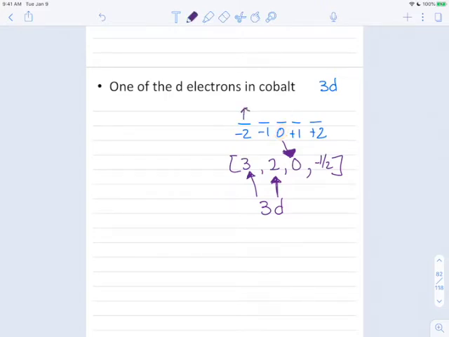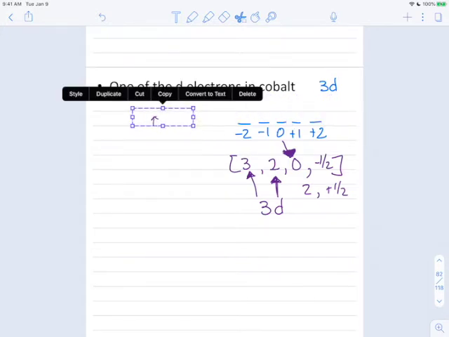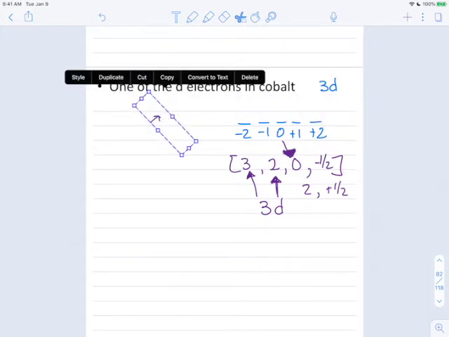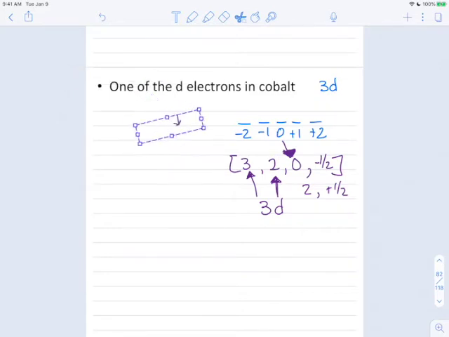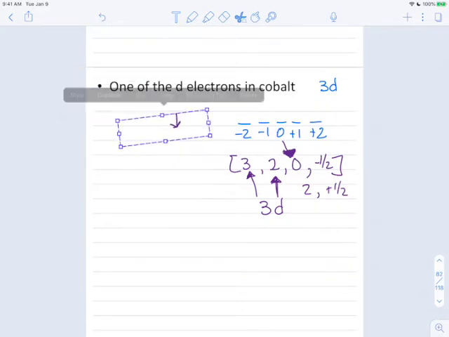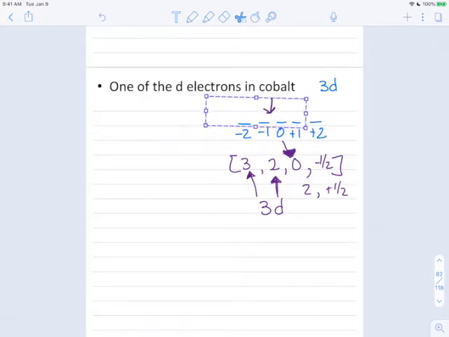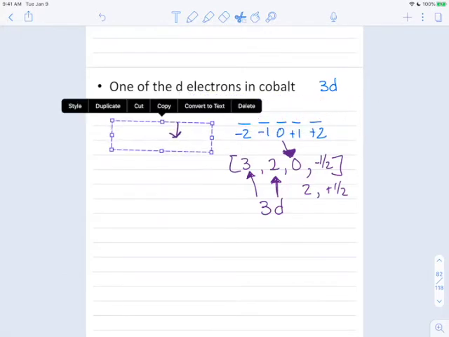If you did, then this would be a 2 plus 1/2, like so. But yes, Jervin, you're right. You could put this in any one of these. And if you would like, you could spin it upside down or turn it right side up.